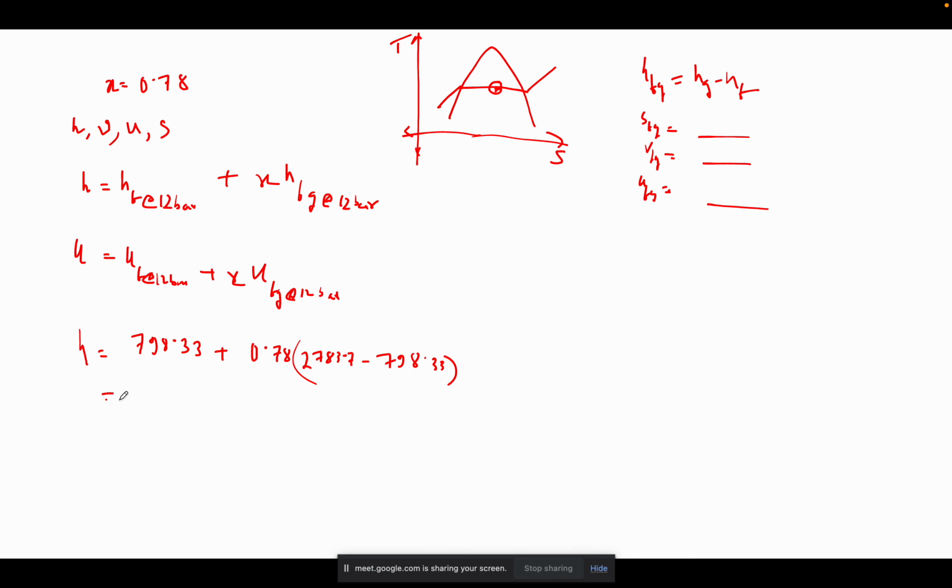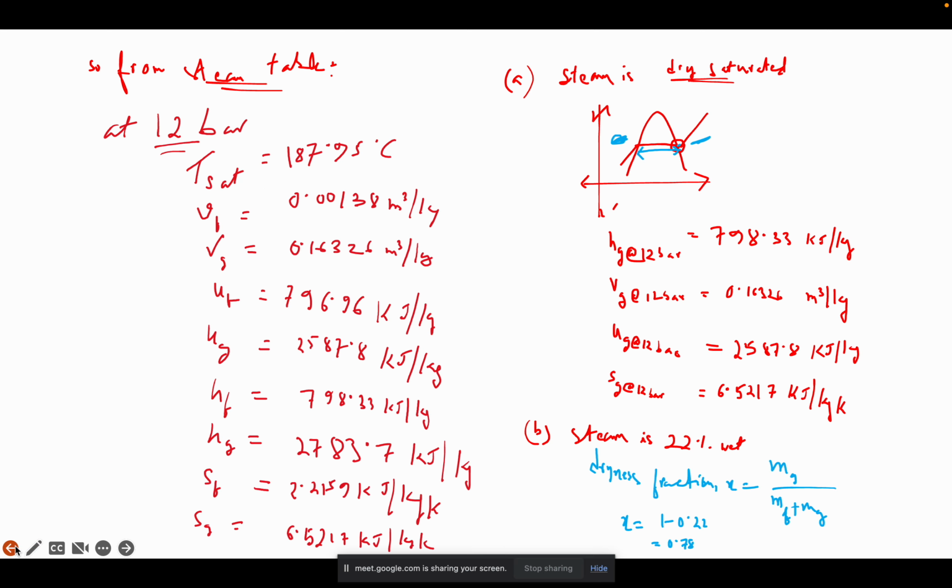So you put these values, 0.78 into 2783.7 minus 798.33, plus 798.33. So this is basically 2346.9186 kilojoule per kg.